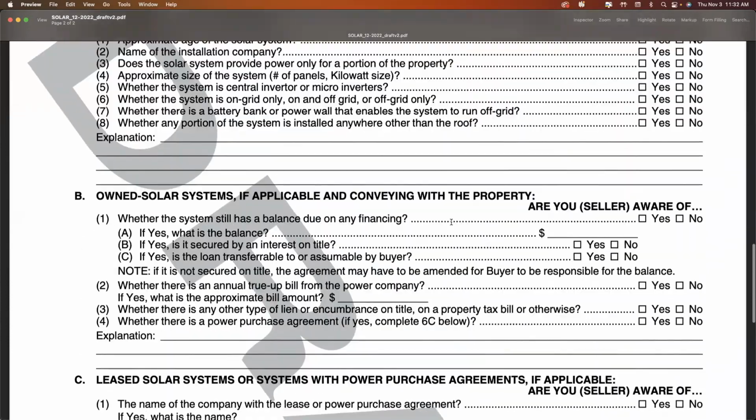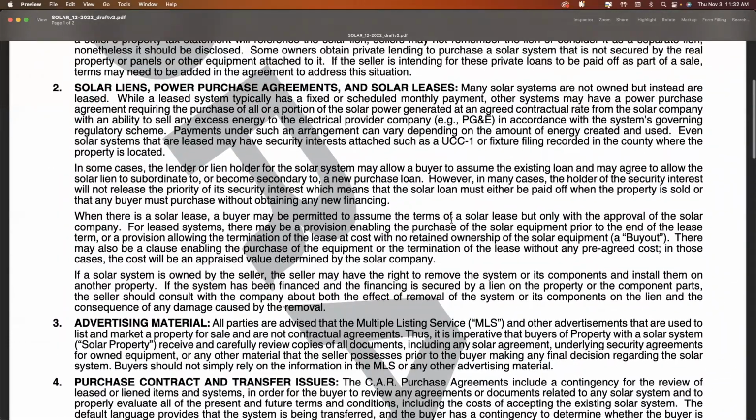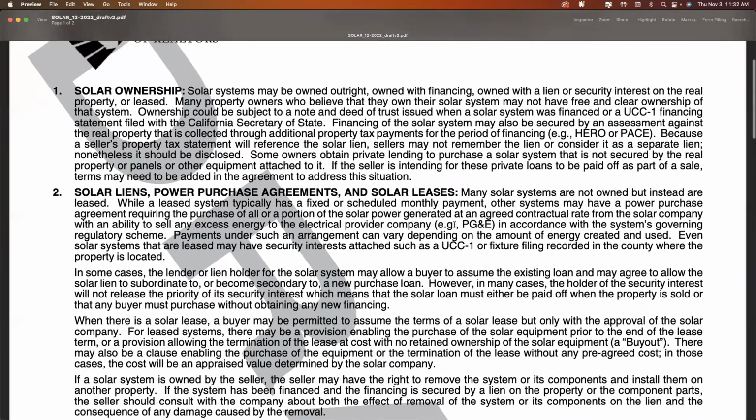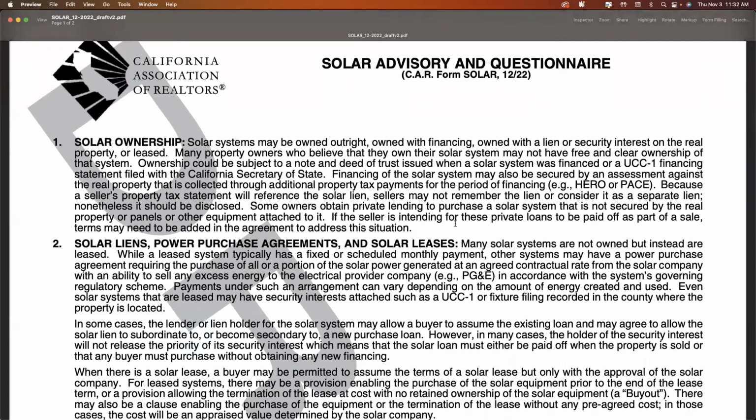Just a couple, but here it is. This is a brand new form. So any listing that is being sold with solar panels, this document has to be provided from the seller to the buyer. Solar ownership: solar systems may be owned outright, owned with financing, owned with a lien or security interest on the real property, or leased.